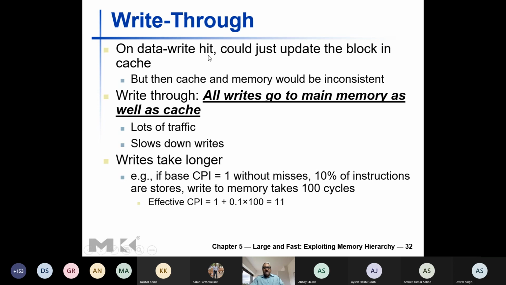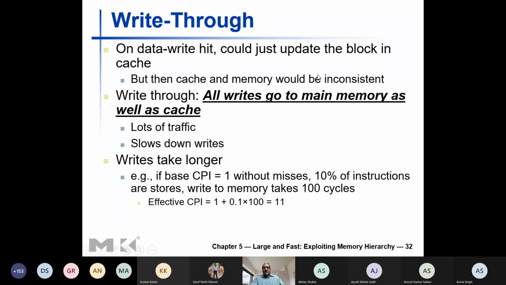So on a data write, if a hit happens, it means that location is available in the cache. Then you simply update that. That means a particular word is replaced, and you are writing into a particular location within the block.